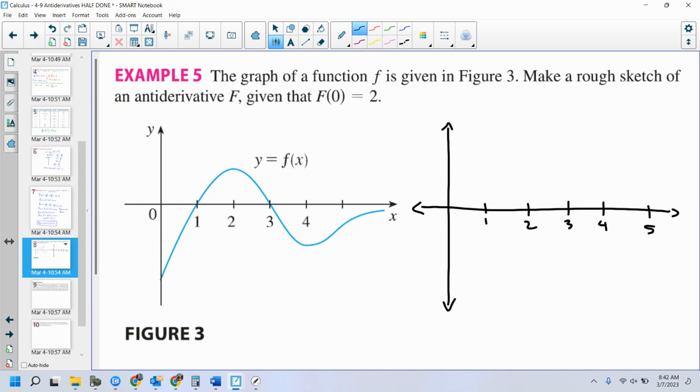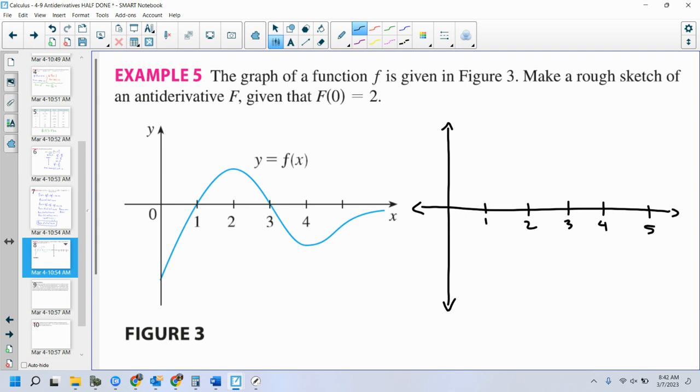Now, we've kind of already done this. We did this back in section 4.6, when we looked at using technology: what was the function and what was its derivative and how do they relate? You kind of did that on a test question where I gave you the graph of the derivative and said, tell me about the original, right? Work backward.